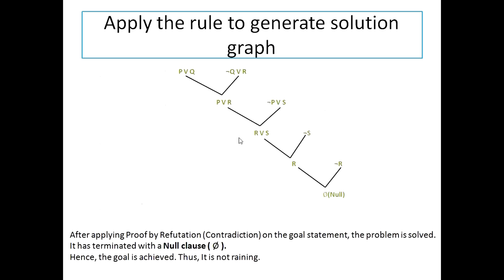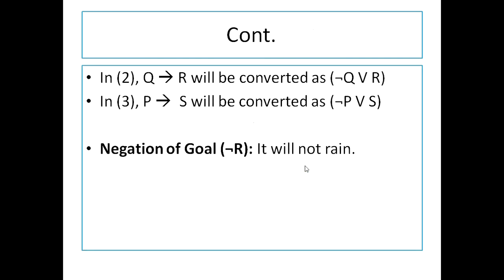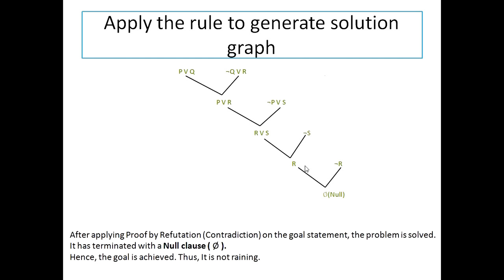Now apply this inference rule, the resolution inference rule. We cancel out S and negation S, we get R. Finally we take the negation R, the negated goal statement. Now if you see, this R and negation R get cancelled, we get null. So we proved that the given goal statement is true by negation, by contradiction.